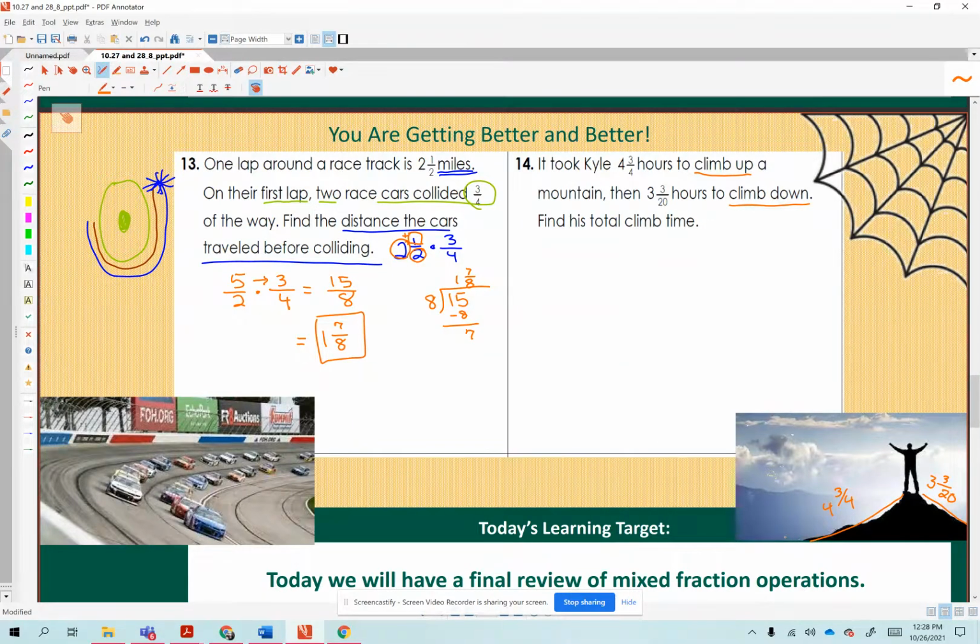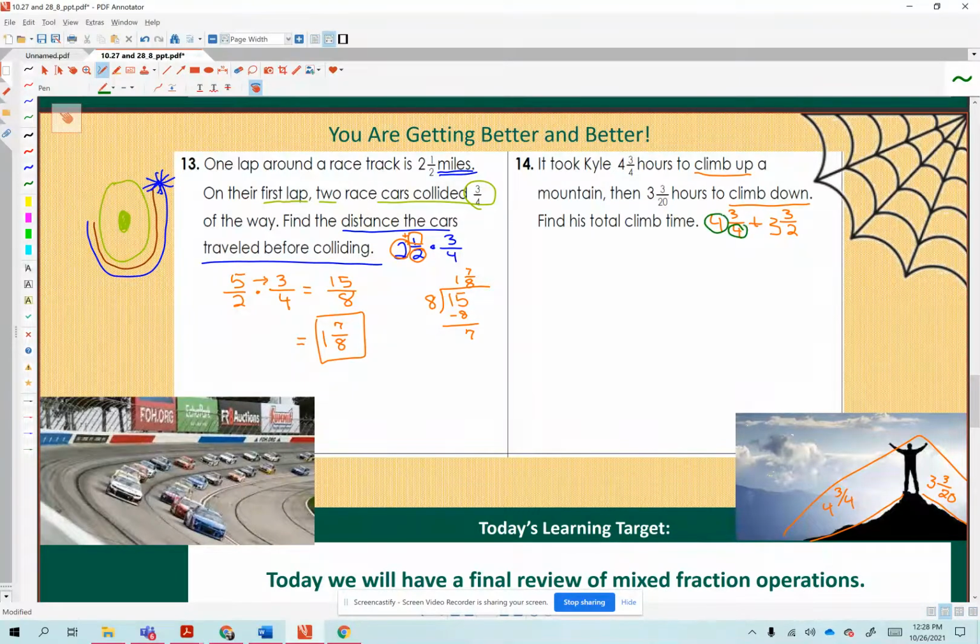We want the total up and down, so we will need to add these numbers. So we have 4 3/4 plus 3 3/20. The first thing we want to do is convert these to improper fractions.